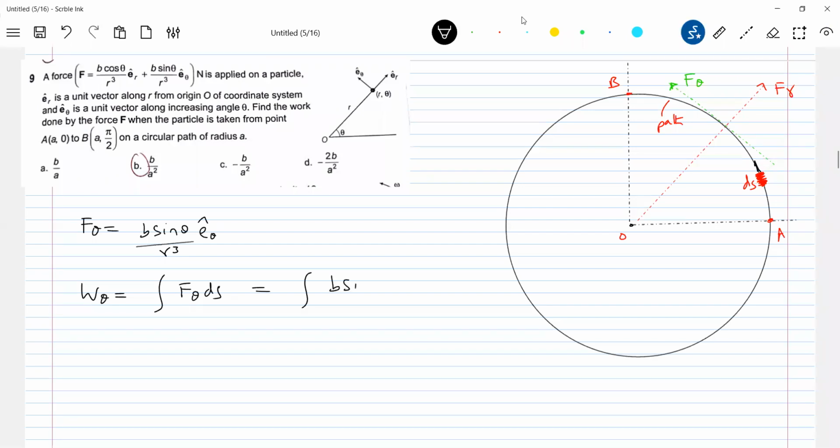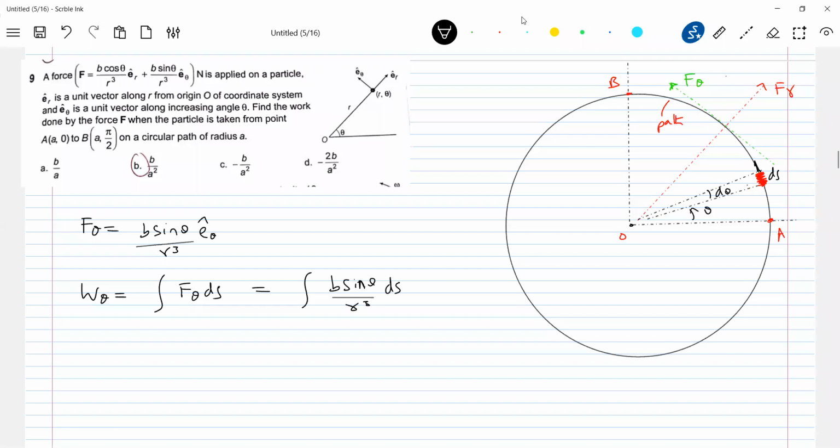This should be B sine theta. But we don't know theta and ds, we can't integrate. So what is ds? ds equals r d theta. Theta you define.